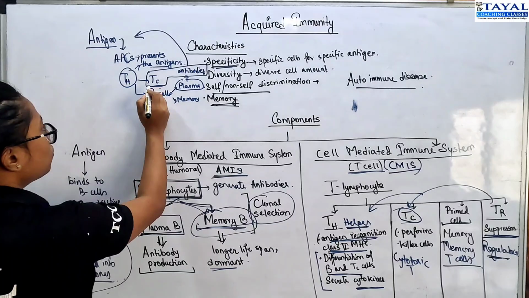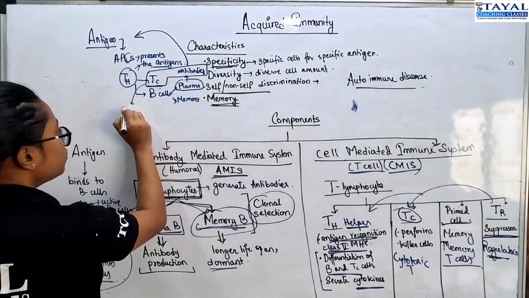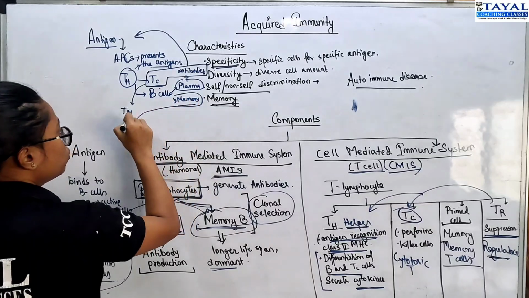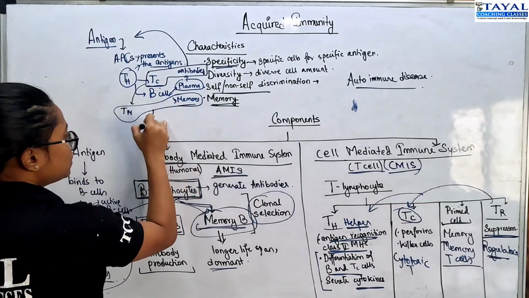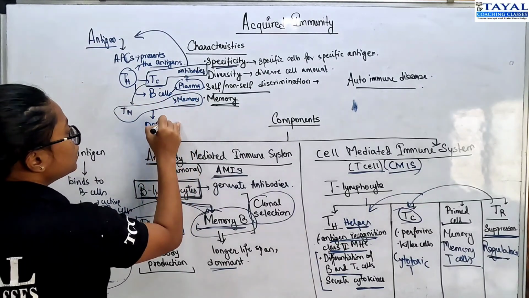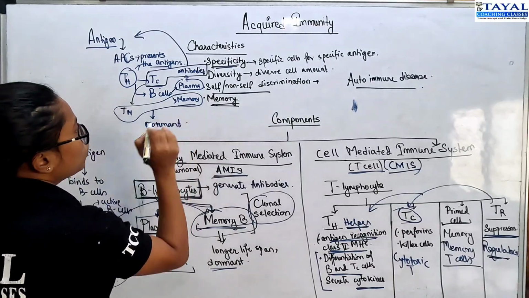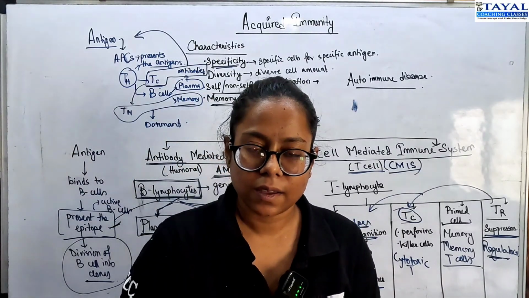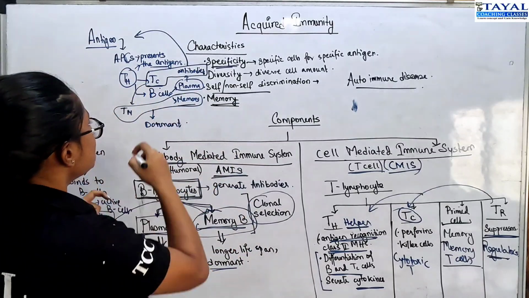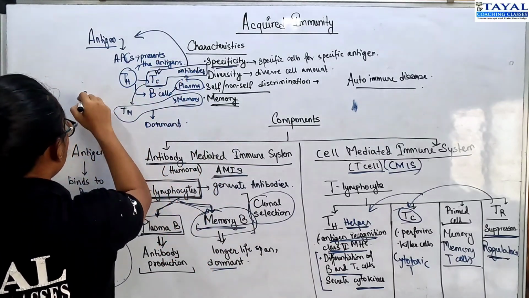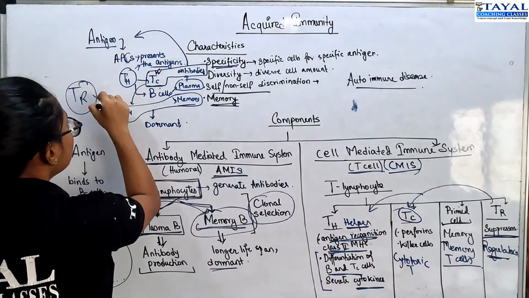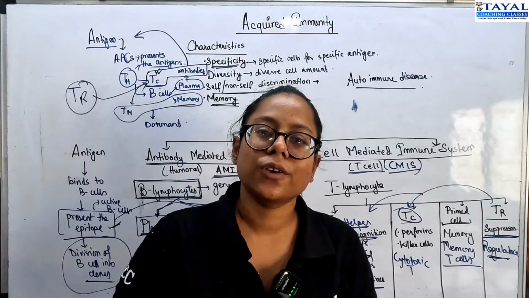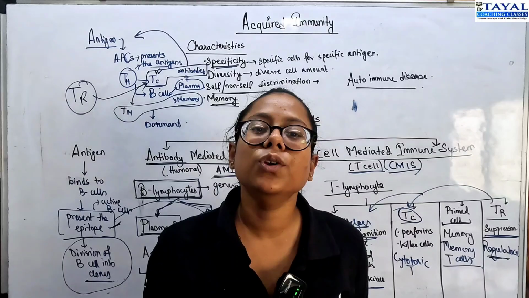At the same time, your body will also help in making T memory as well as B memory, which will stay in a dormant state for the next attack. So that is what happens when your body is under attack. If in this case the TC is hyperactive, TR will be recruited to control the TC so that it does not end up destroying your body cells. So that is how the whole immune system works.